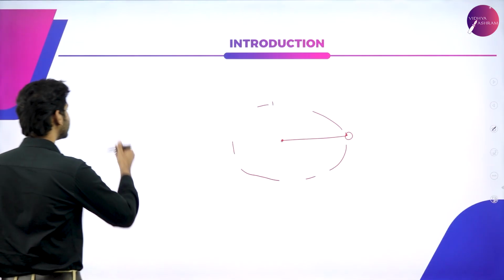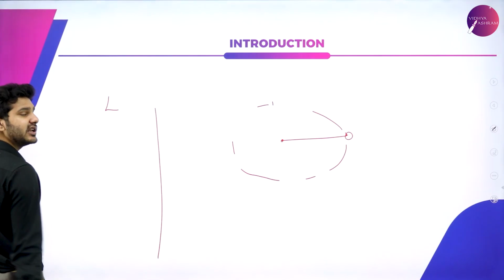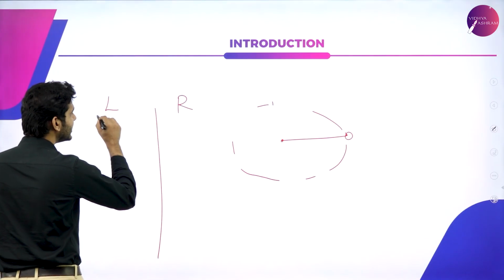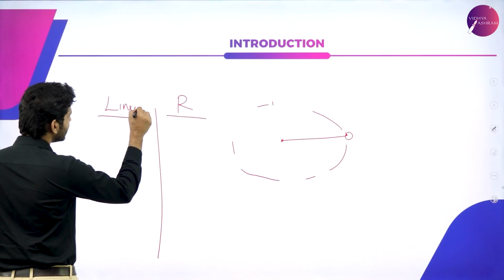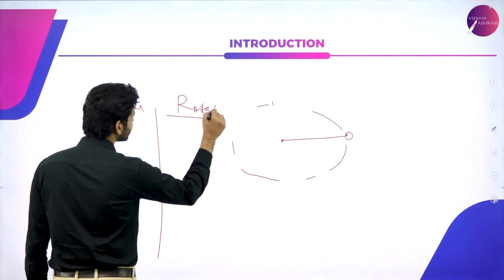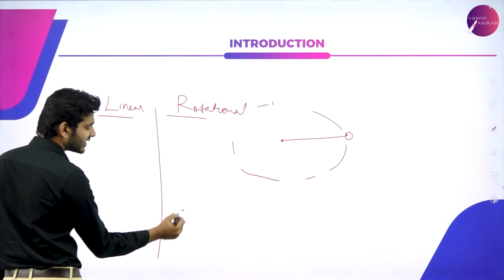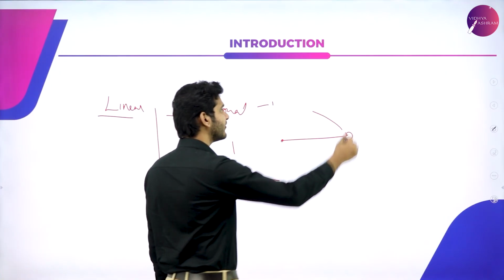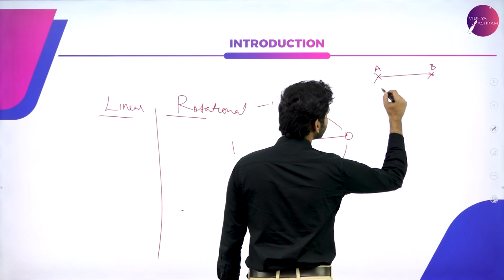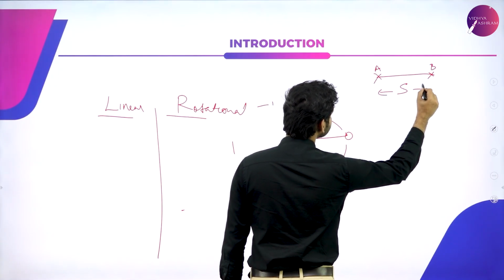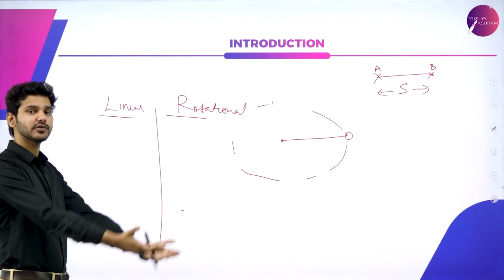For example, let's say this is linear mechanics and this is rotational. Linear motion and rotational motion. If there is a displacement from point A to point B, then we indicate that as S or X, as displacement or change in position.